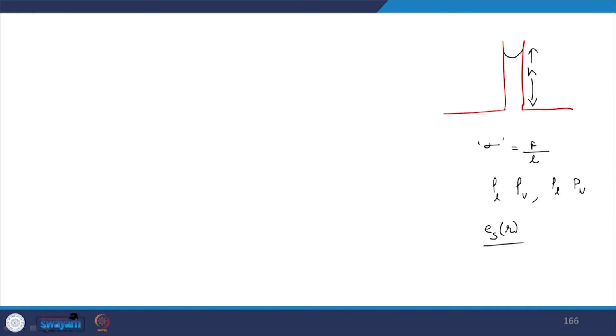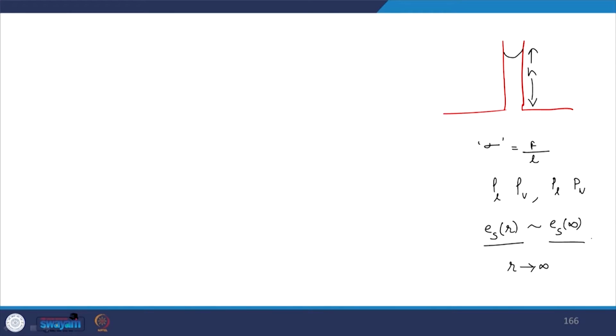We want to find out how e_s(r) relates to the saturation vapor pressure over infinity. The idea is that for a plane surface of water, the radius can be considered as infinity. So, we want to see how the saturation vapor pressure changes with respect to the saturation vapor pressure over a plane surface of water.